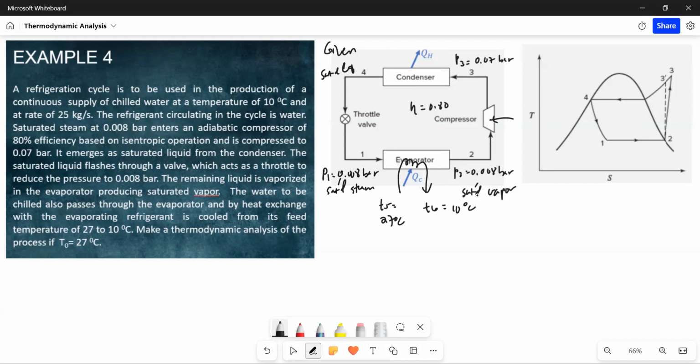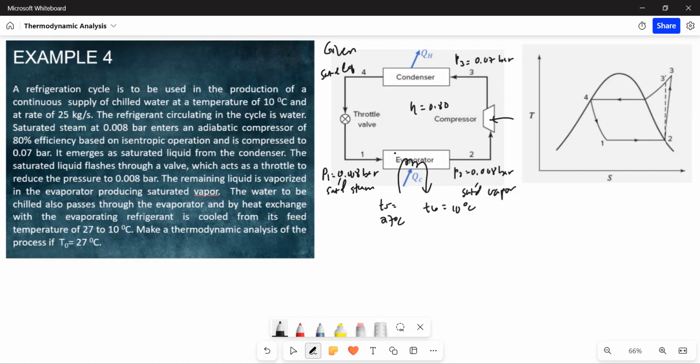So this is not cooling water, it's warming water.